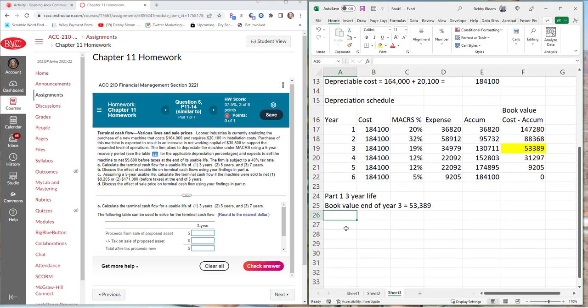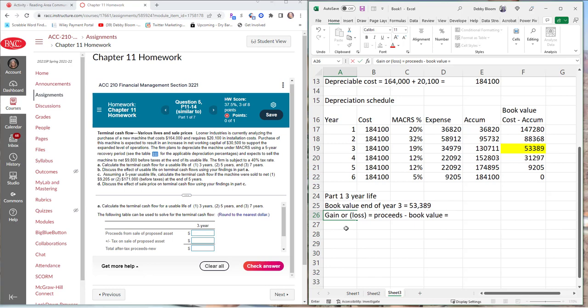So now we've got our book value, so we're going to calculate our gain or loss, which is going to be the proceeds minus the book value on the date of sale.